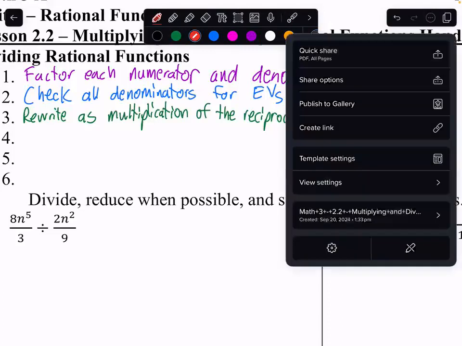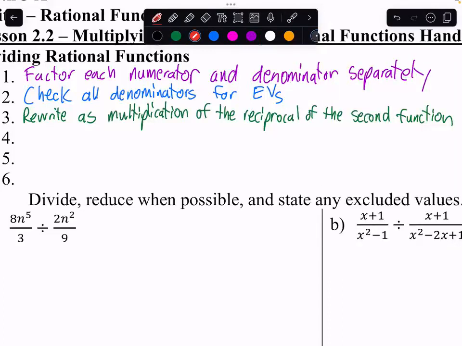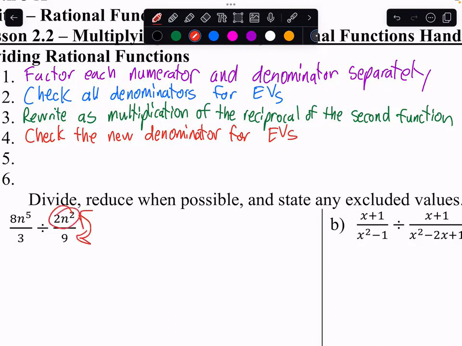Okay, so the next part, you need to check for EVs again. So what's the reason? Well, when you flip a fraction upside down, what used to be in the numerator is now in the denominator.